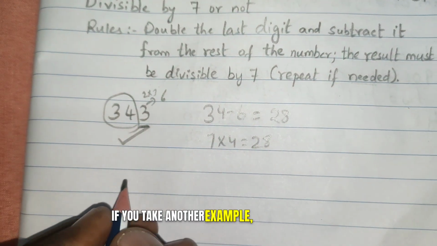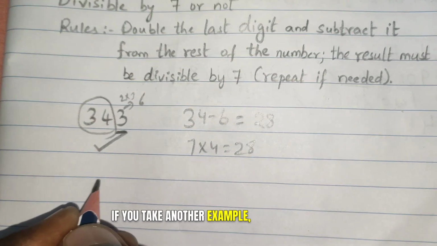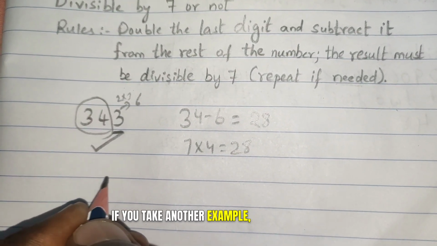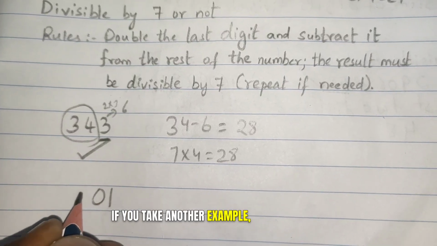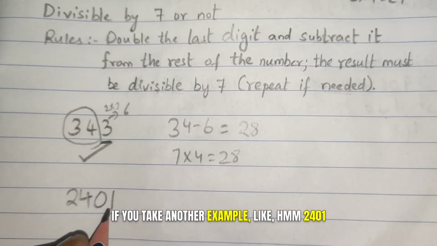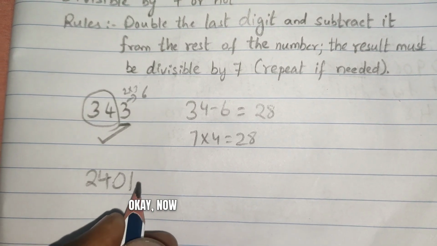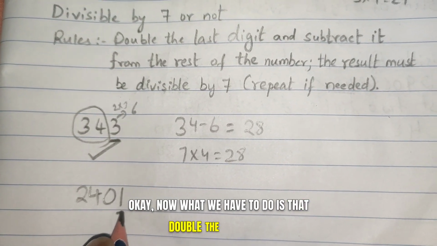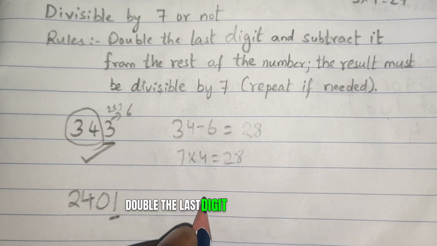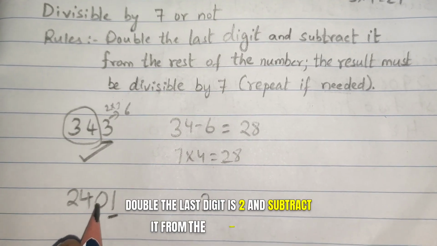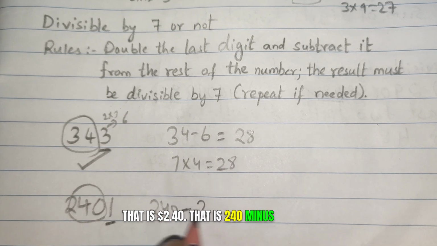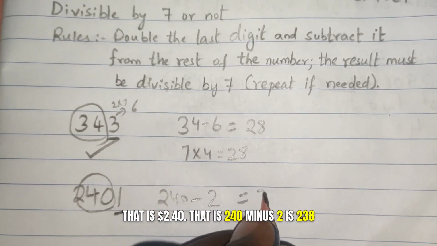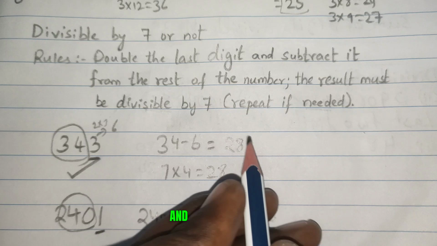If you take another example like 2401. Okay, now what we have to do is double the last digit. The last digit is 1, and double it is 2, and subtract it from the remaining digits, that is 240. 240 minus 2 is 238, and repeat if needed.